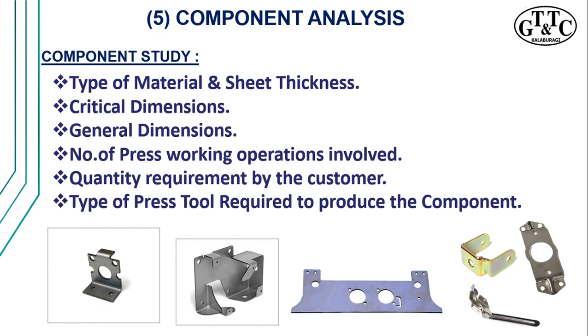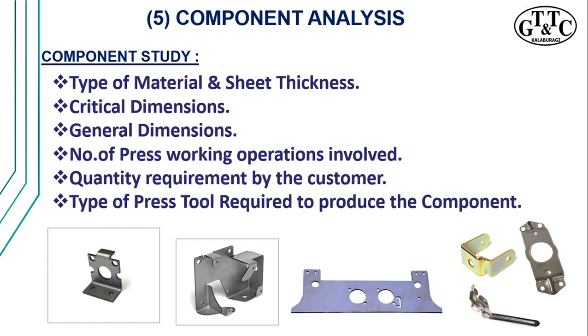press tool. And then the final one is the type of press tool required to produce the component. So whether you require a compound tool, or a single stage blanking or bending or draw tool, or you require a progressive type of tool.